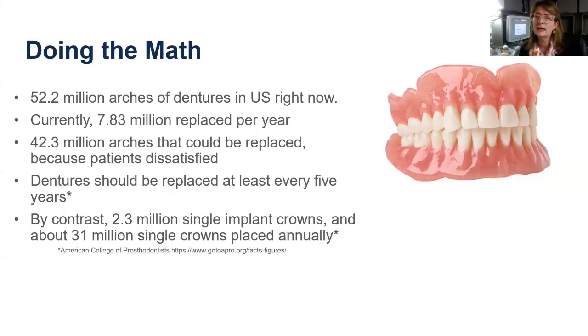And in contrast, think about single unit crowns and implants. There's 2.3 million single implant crowns and about 31 million single crowns placed annually, right? Sort of like the offset of that. I thought this was really interesting. One of my coworkers was kind enough to share the math, share the data.